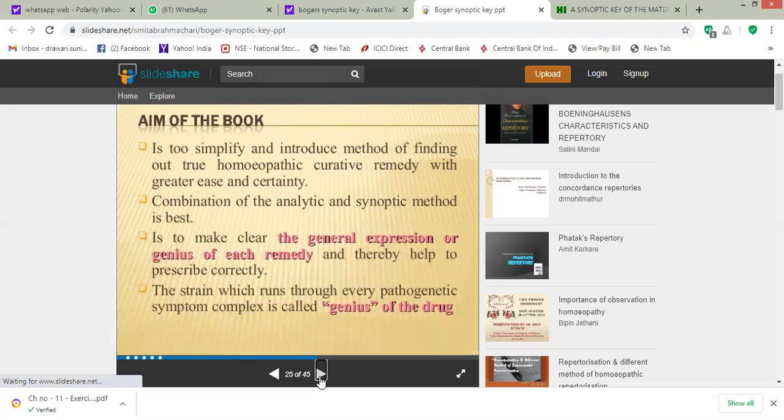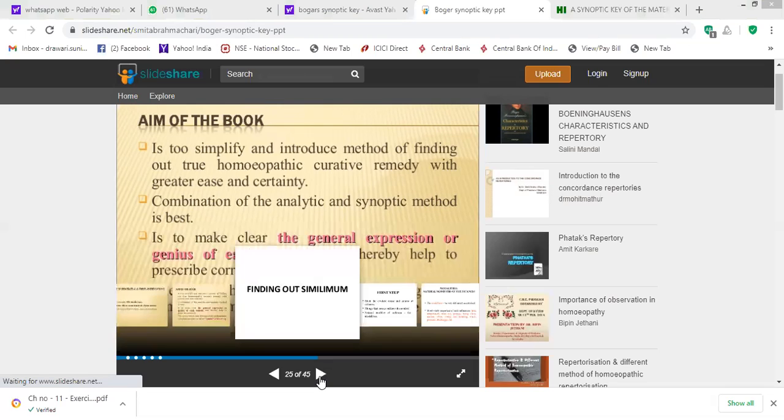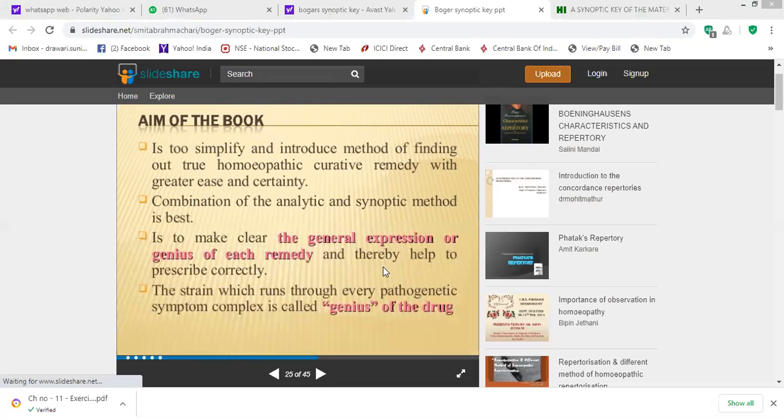With this book we can easily find out the general expression as well as the genius of each remedy, and because the different remedies are given in different grades, we can easily find out the general expressions and which are the important symptoms of that remedy.